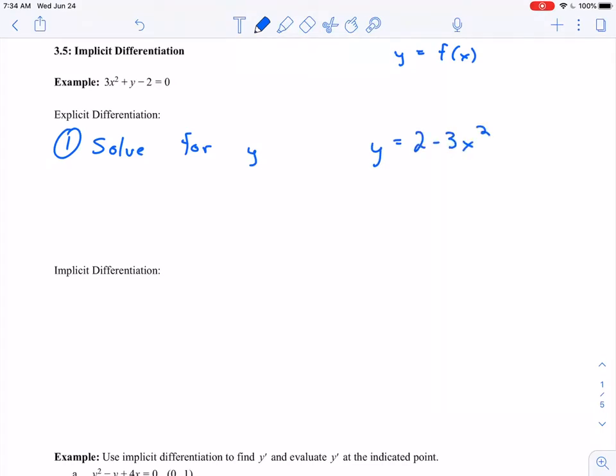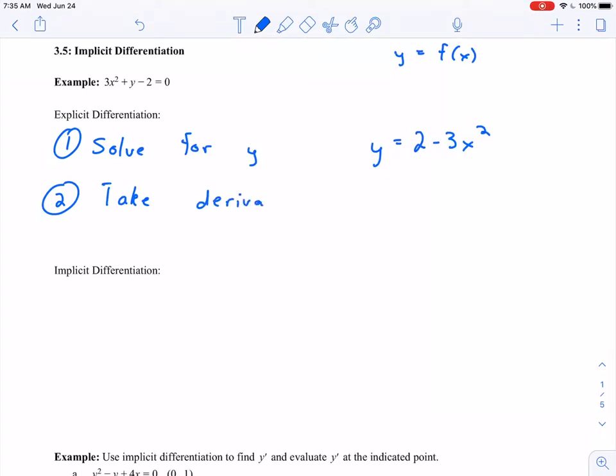So okay, there's y, and the reason that this is called explicit differentiation is because y now is explicitly a function of x. It is a function that is written only in terms of x. So here I have 2 minus 3x squared. Once I have solved for y, second step, we take the derivative.